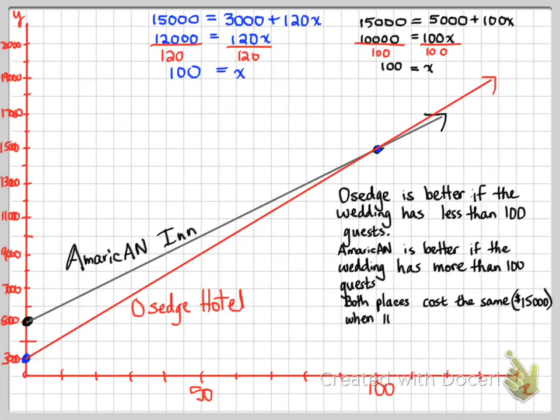Both places cost the same at $15,000 when 100 guests attend the wedding. So if you're going to have 100 guests, it doesn't matter which hotel you go to. If you're going to have less than 100, you should probably go to Osage Hotel. If you're going to have more than 100 and you're going to end up spending more than $15,000, then you better think of going American Inn.